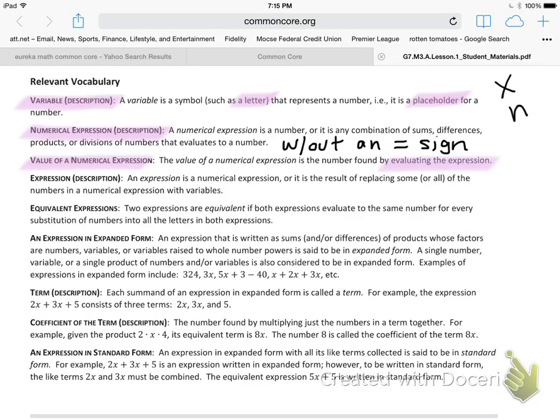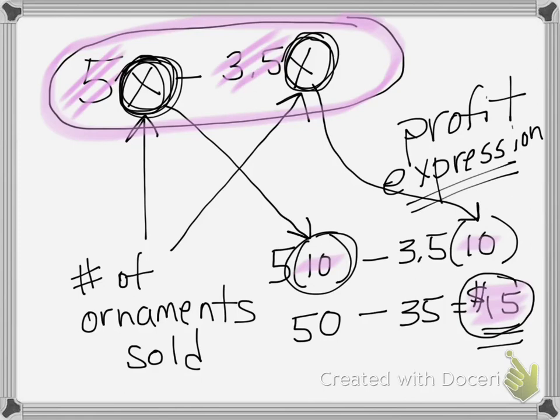Now, expression as a description. An expression, we say, is a numerical expression or the result of replacing some or all of the numbers in the numerical expression with variables. This is basically what we're going to see, an expression like this.